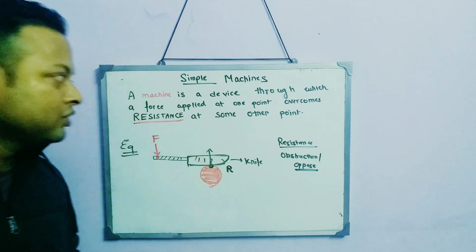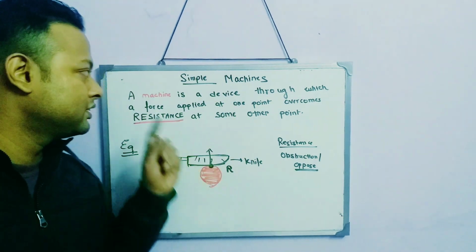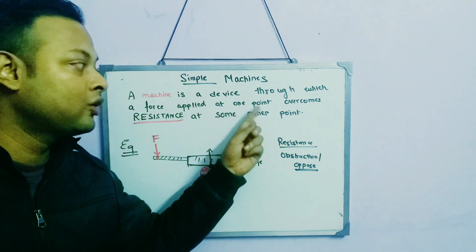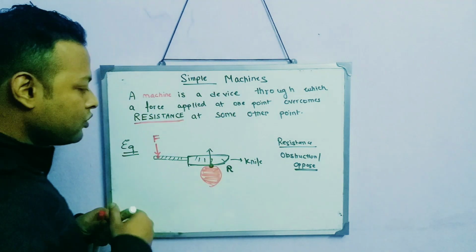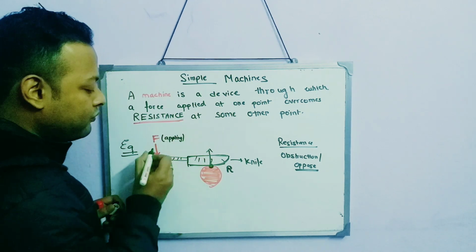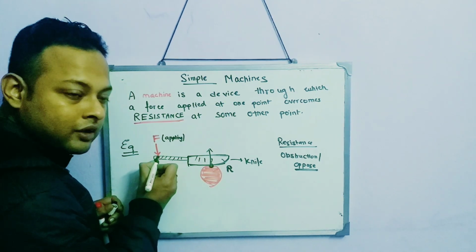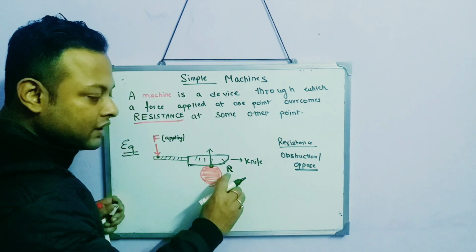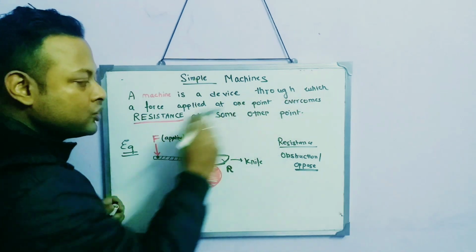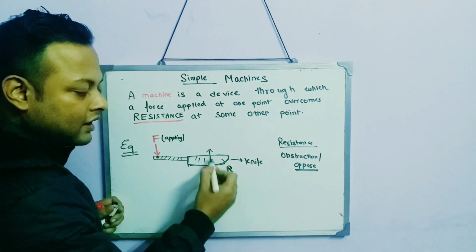Okay, so now this definition makes sense. A machine is a device through which force applied at one point, this is the force that we are applying, overcomes the resistance. So force applied at one point is overcoming the resistance at this point.